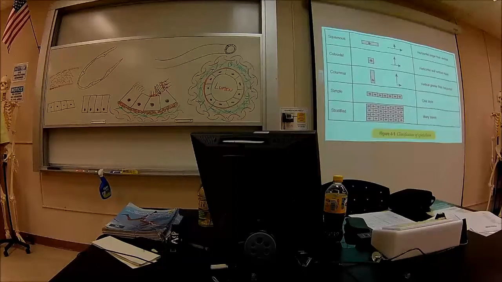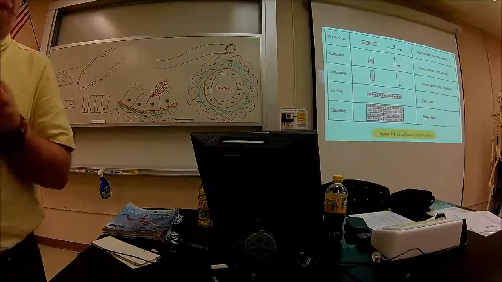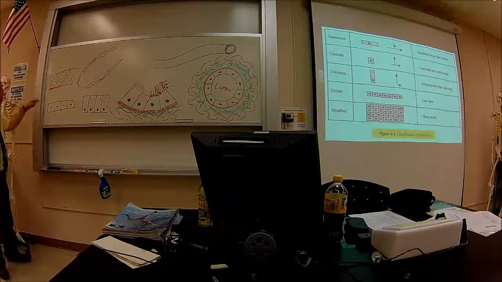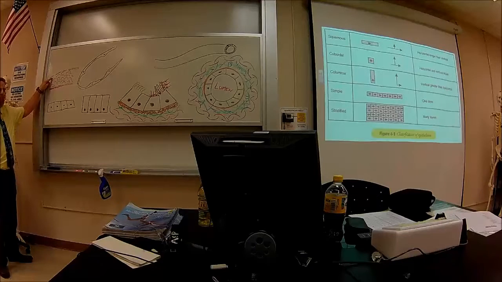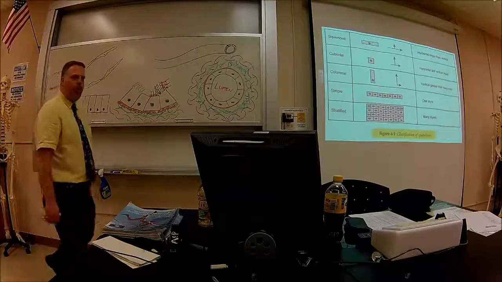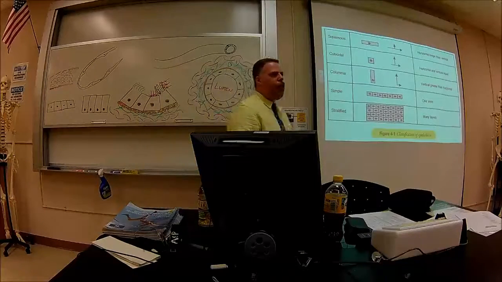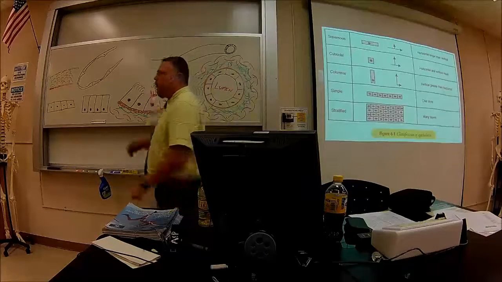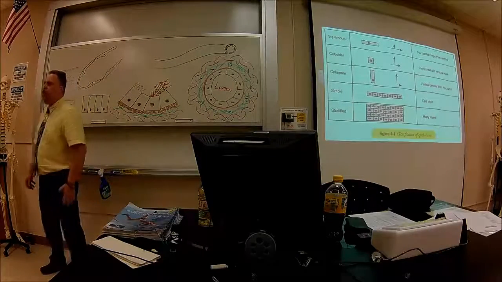But how can you tell if it's stratified columnar, cuboidal, or squamous? You go by the most apical cells. If they're thin up there, then this is going to be stratified squamous. If they're cuboidal up there, it's stratified cuboidal. And columnar, it's stratified columnar. So you go by the uppermost layer.